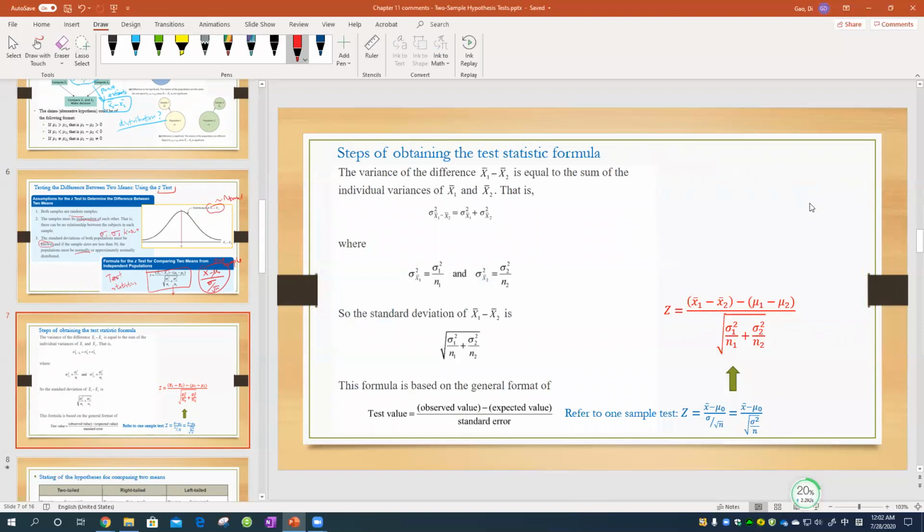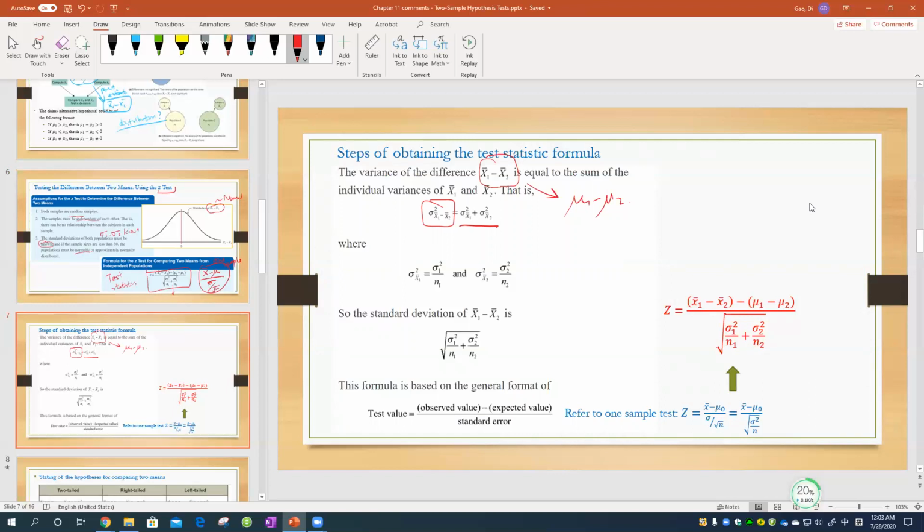To get the sampling distribution for x1 bar minus x2 bar, we have to know the mean. The mean will be just mu1 minus mu2. And then we need to know the variance for x1 bar minus x2 bar. The variance of x1 bar minus x2 bar is the sum of the individual variances. So what is the variance of x1 bar?